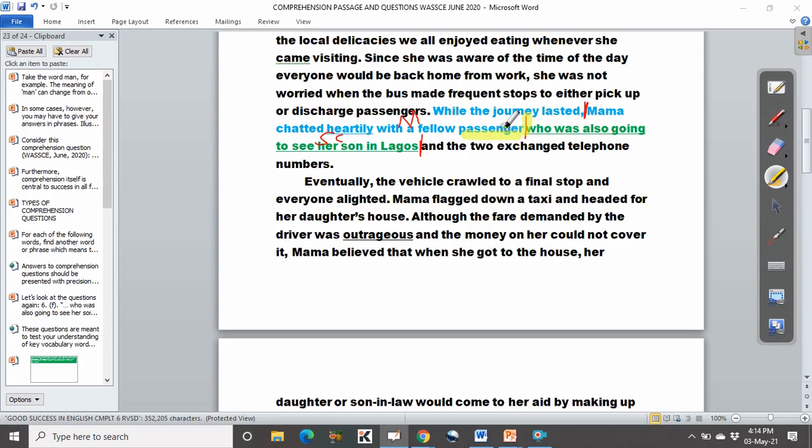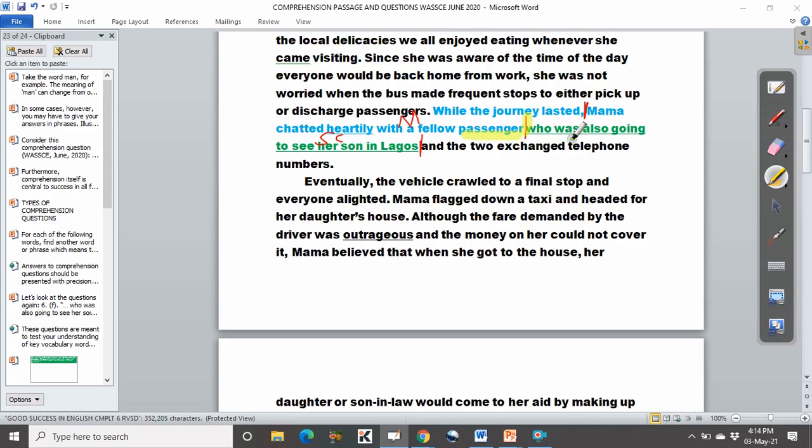Then we verify the grammatical category, or word class, of the word "passenger", and we discover it is a noun. With our grammatical knowledge, we know that anything that gives us more information about a noun must be an adjectival element: an adjective, an adjectival phrase or an adjectival clause.